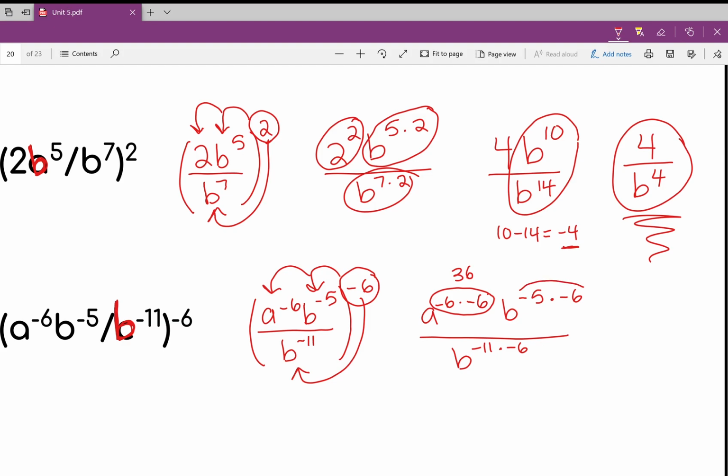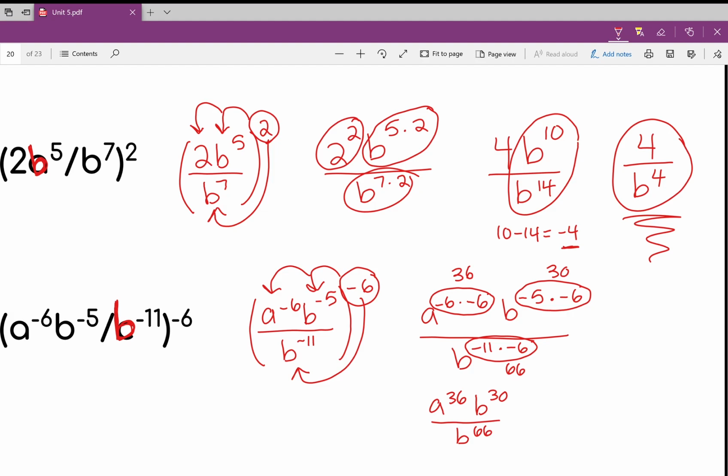Negative 5 times negative 6 is 30. And negative 11 times negative 6 is 66. So we have A to the 36, B to the 30 over B to the 66.